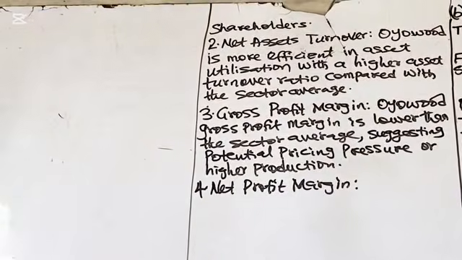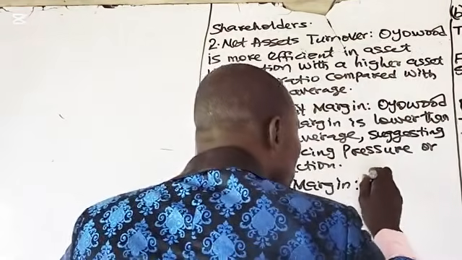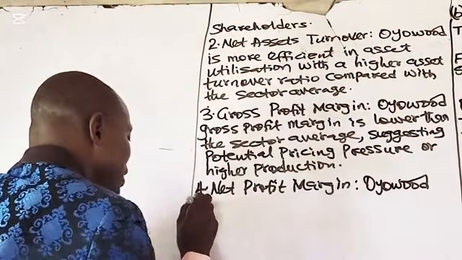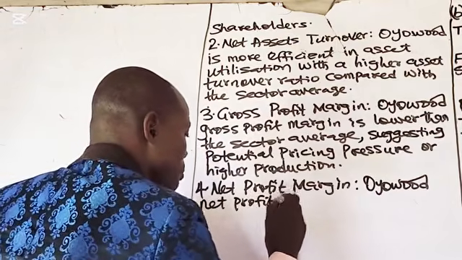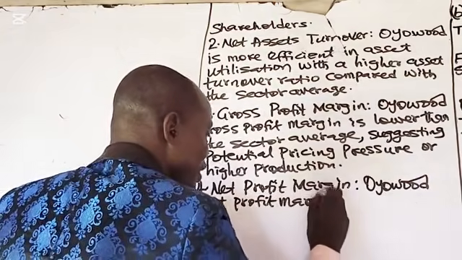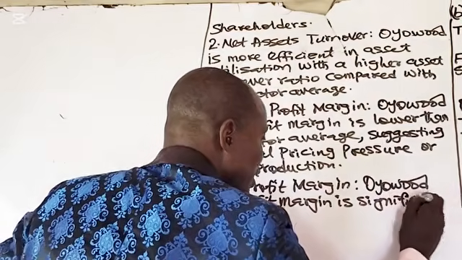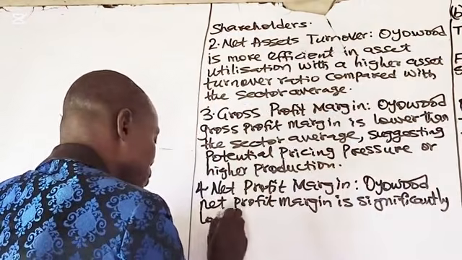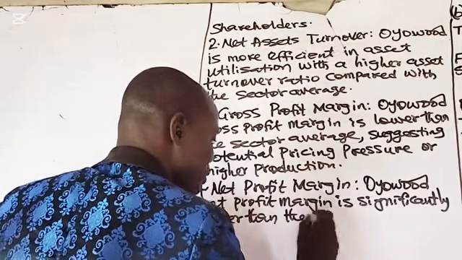The Oyo Wood net profit margin is significantly lower than the sector average.